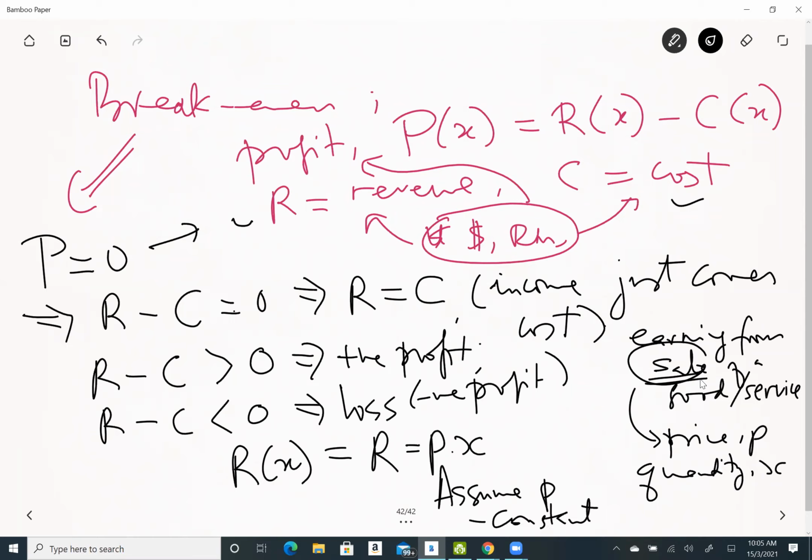That means it's fixed. So the only variable would be X, and P is constant.